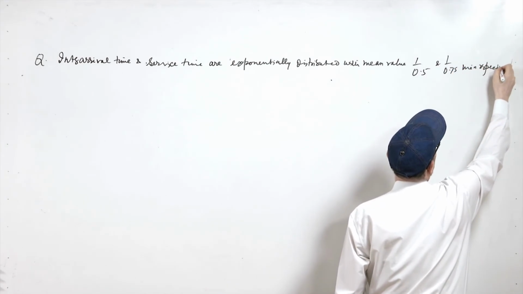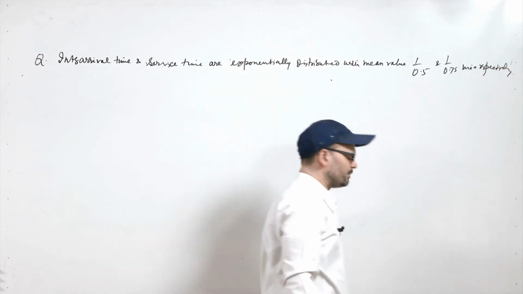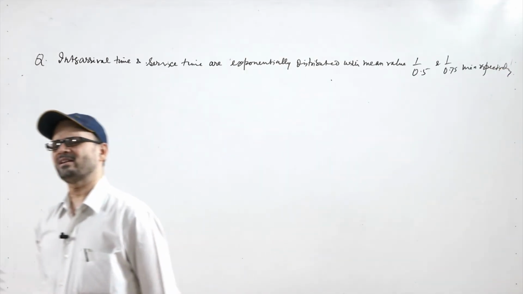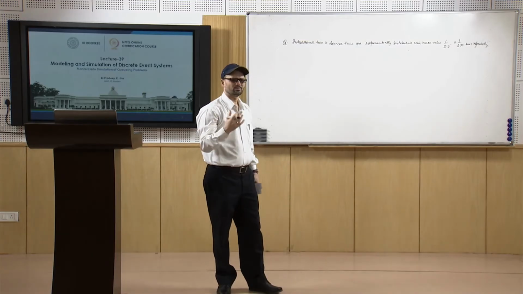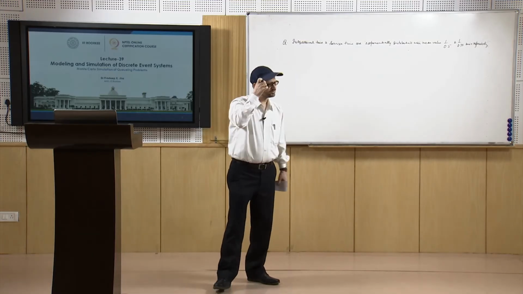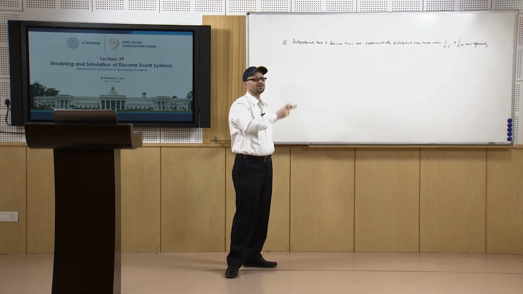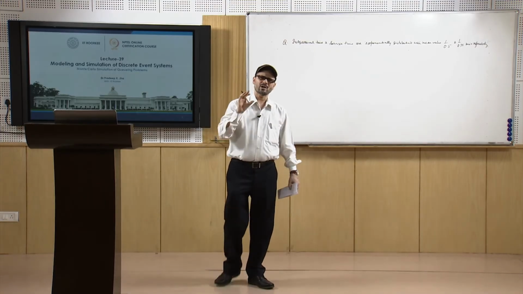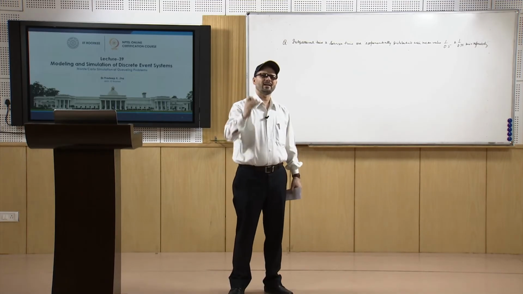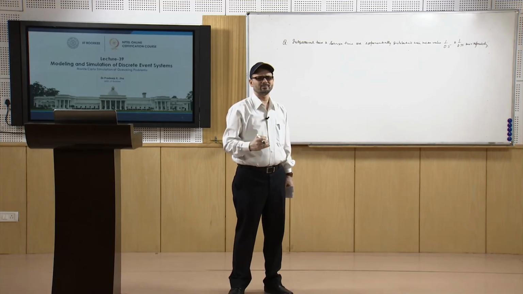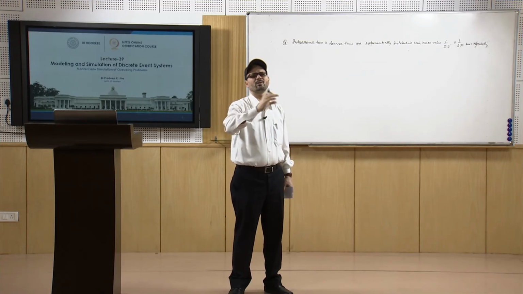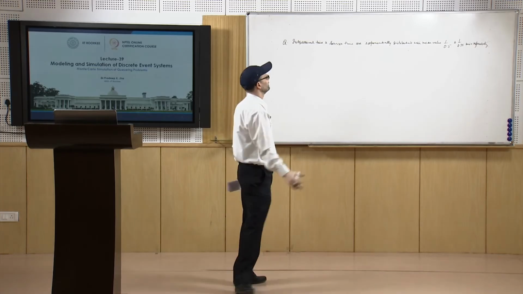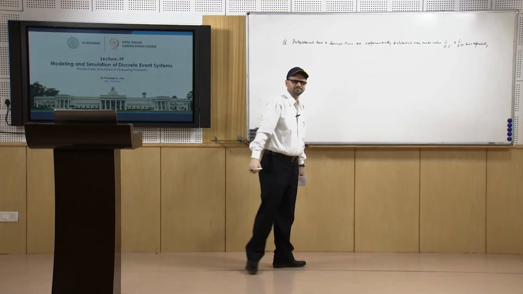This is given, and you basically have to generate the random numbers using the exponential distribution, and from there you will find the inter-arrival time itself.